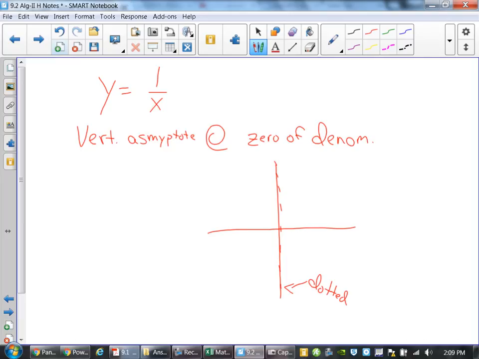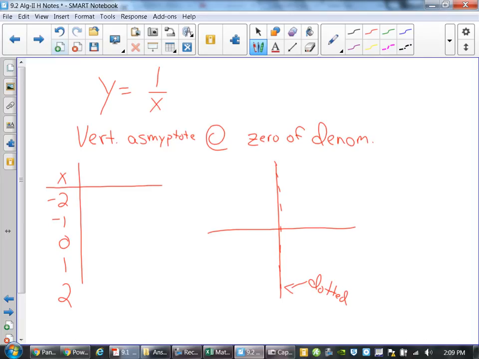Next, let's make a table. The next thing you guys would normally do is make a table. You pick some numbers. It makes no difference what numbers you pick. But I want you to see, we're going to start picking numbers that are on both sides of our vertical asymptote.